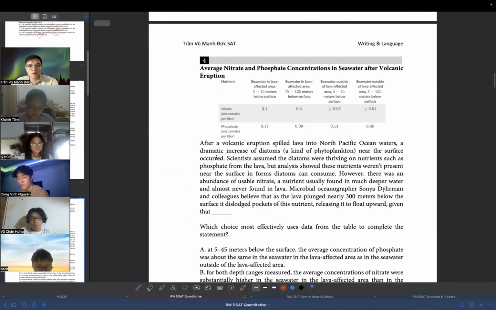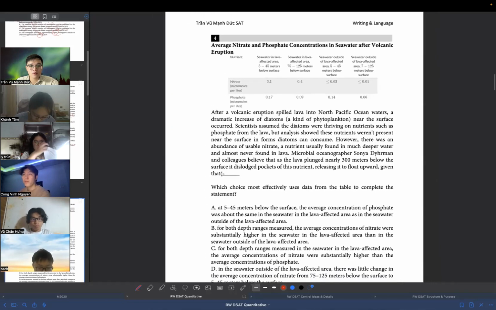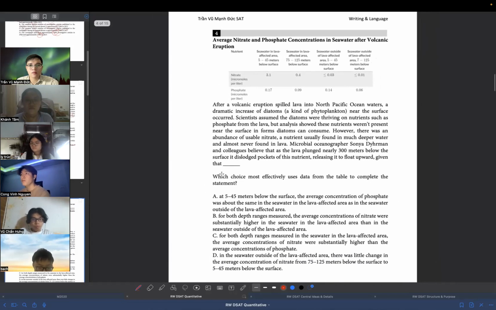Next up, 4, Ving. This one is quite long. Right. B. 4B, to complete the statement. Seawater outside the lava affected area, there was little change in the average concentration of nitrate, 75 to 125 meters below the surface, to 4 to 45 meters below the surface.